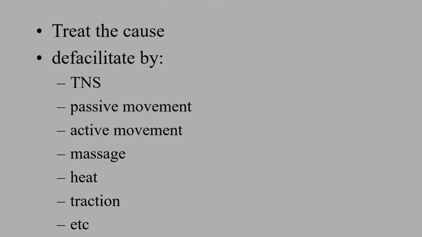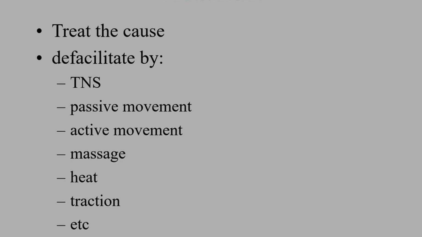Treatment. First off, if you want to get rid of facilitation, treat the cause of the facilitation, that is, get rid of the aberrant input into the segment, and this means dealing with whatever dysfunction is causing the facilitation. But you can defacilitate by any number of means.